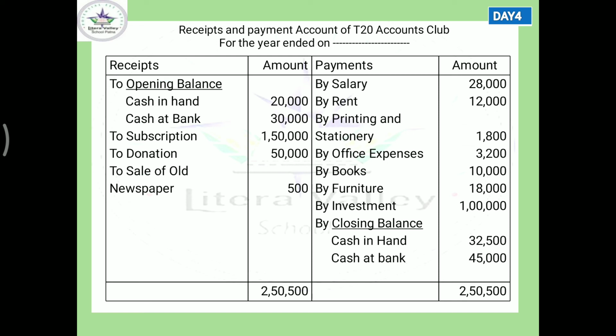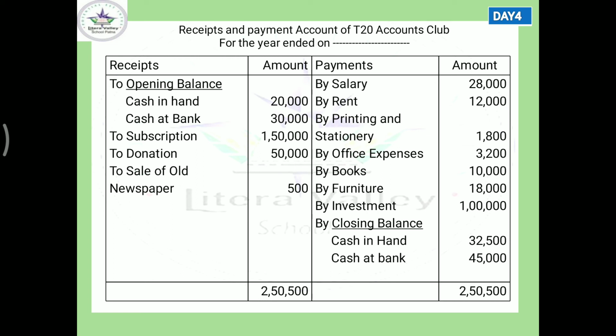One thing I would like to explain here, in the format you may have observed that bank overdraft opening balance is given on the payment side and closing balance is given on the receipt side. So in a simple question, if the organization has only one bank account, there will be either cash at bank or bank overdraft.